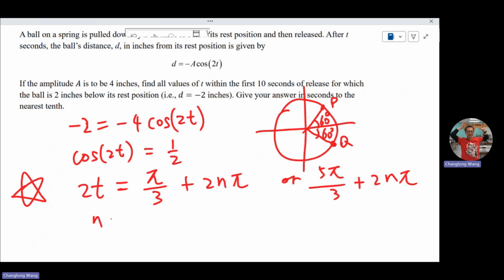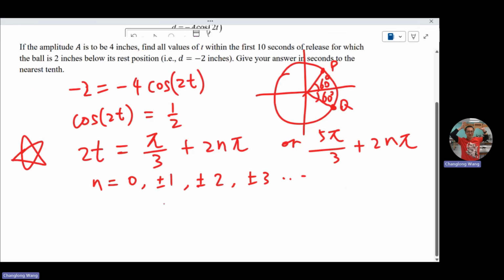Now, remind yourself what n stands for. Integers, right? 0, plus or minus 1, plus or minus 2, even plus or minus 3, dot, dot, dot. So now, how do you get t? I mean, 2t is given, right?